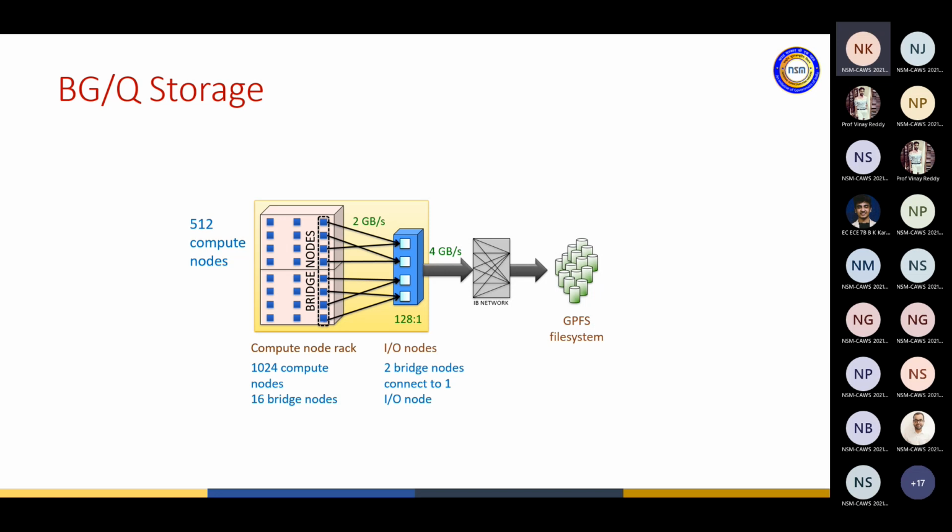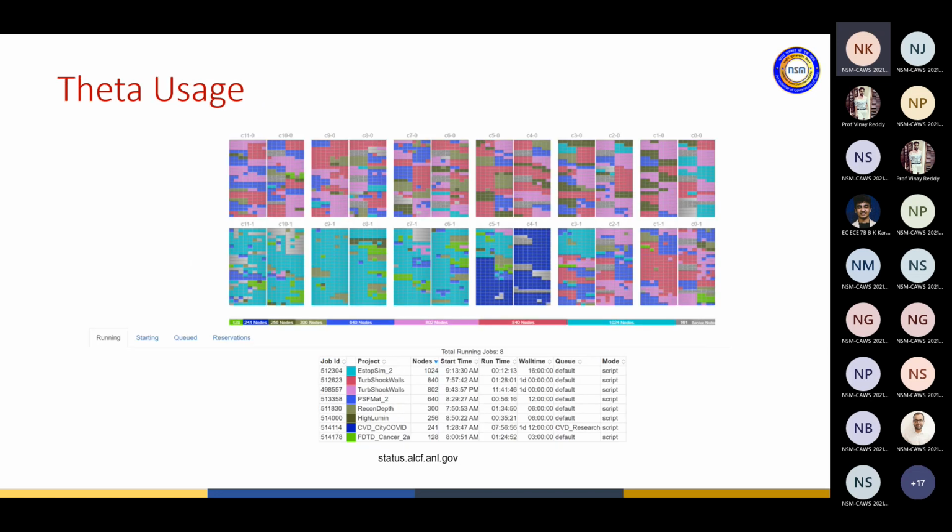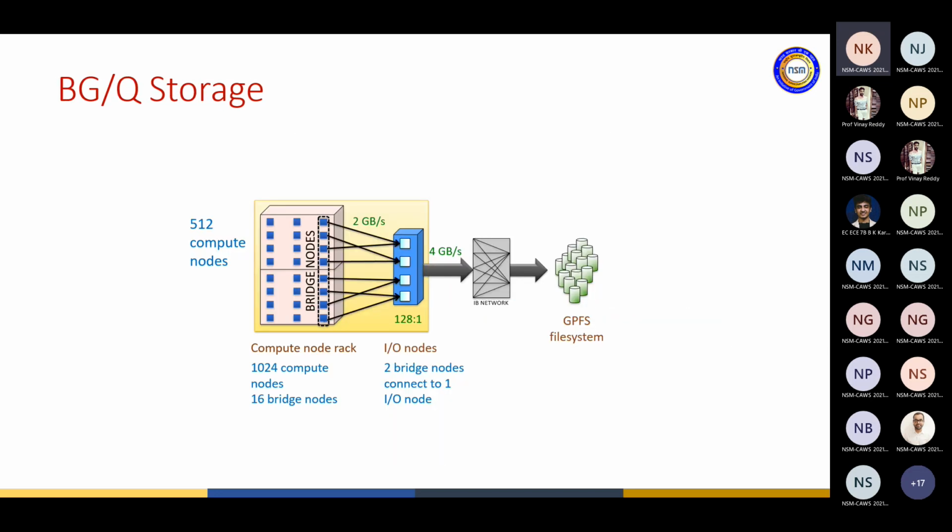The point here is just to make the overall system scalable. Here we are talking of storage from maybe 10, 20, 30 different applications. They are reading and writing at the same time, sharing the network and accessing the data from this file system.